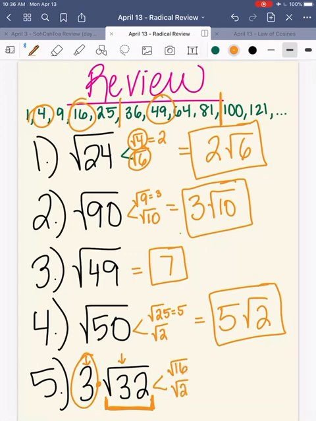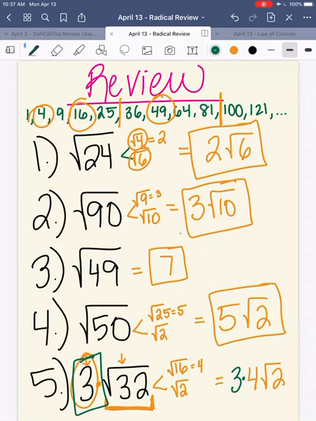The square root of 16 is 4, and the square root of 2 is not a perfect square. So I'm going to have 4 root 2. However, I need to remember that this 3 was out front, so I need to bring the 3 here. But then that looks like 34, and that's not what I want to do. So you need to remember that you're multiplying.